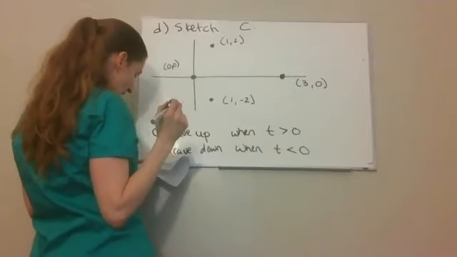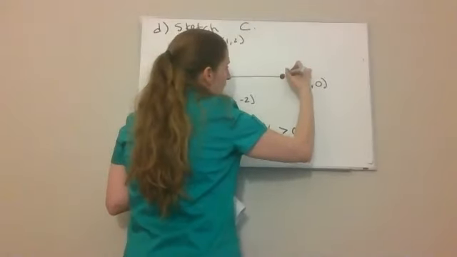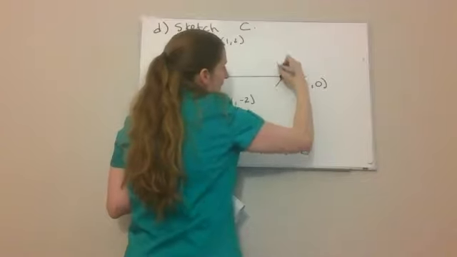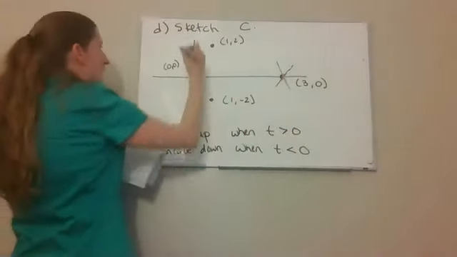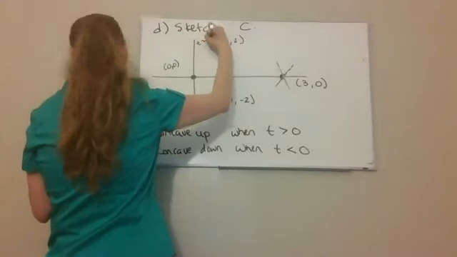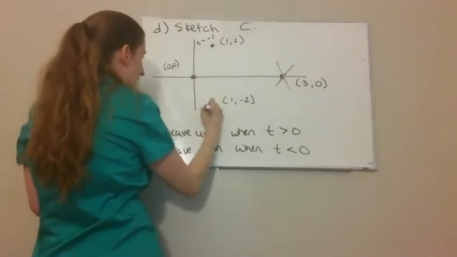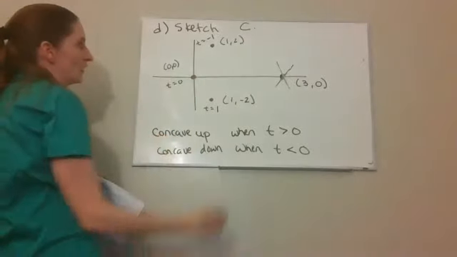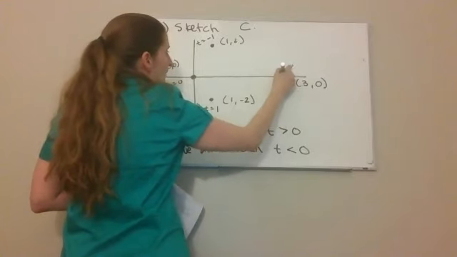And then we also have to think about what direction this curve is going to go in. So first, remember, you have 2 tangent lines here with opposite slopes. And if I trace this stuff around, this point up here was where t was equal to negative 1. This guy down here was t equals positive 1. And this one was t equals 0. So I'm going to be going in this direction.